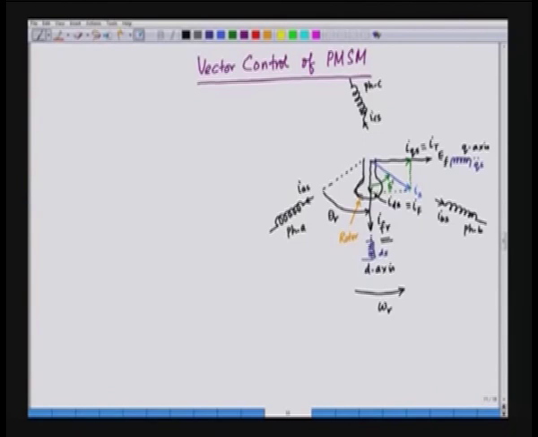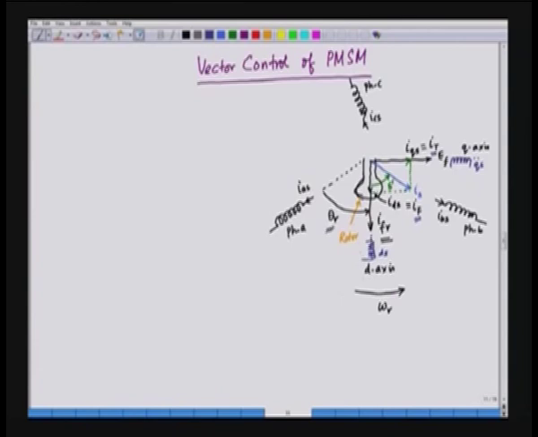So, what we need to do is transform IT and IF, these two currents, where IT is the torque component of current and IF is the flux component of current, into IAS, IBS and ICS, and for this we need a transformation. The transformation will involve theta r, because the reference frame is rotating at omega r, and theta r is the angle here.